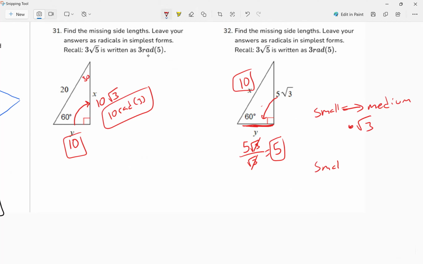Starting from the small side to go to the hypotenuse, you multiply by 2. If you're going backwards, then you divide. Like if you're going from the medium to the small, divide by radical 3. If you're going from the hypotenuse to the small, divide by 2.